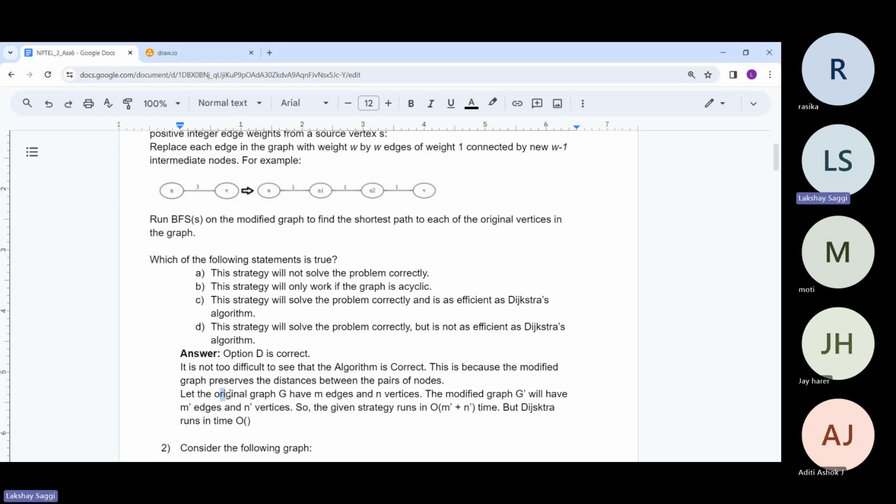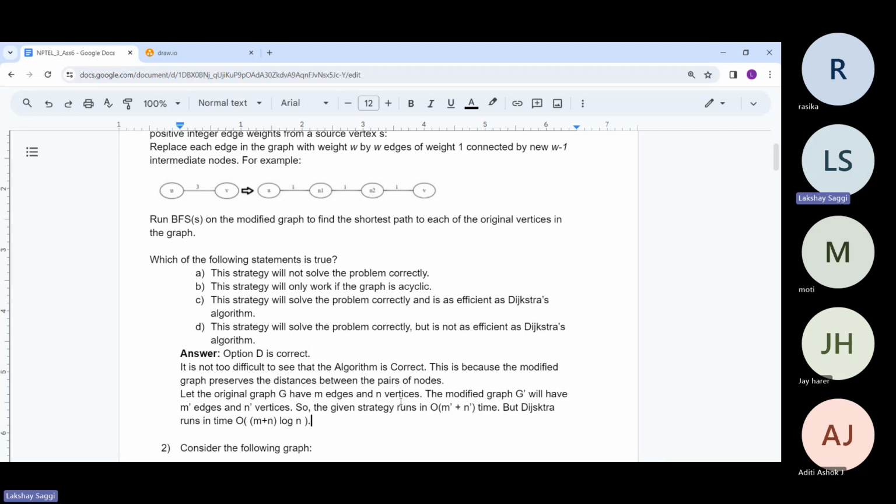We'll be running Dijkstra directly on the original graph, so it has m edges and n vertices. Rasika has answered that Dijkstra runs in order m plus n log n time. Good job, Rasika. So Dijkstra will actually run in order m plus n log n time.